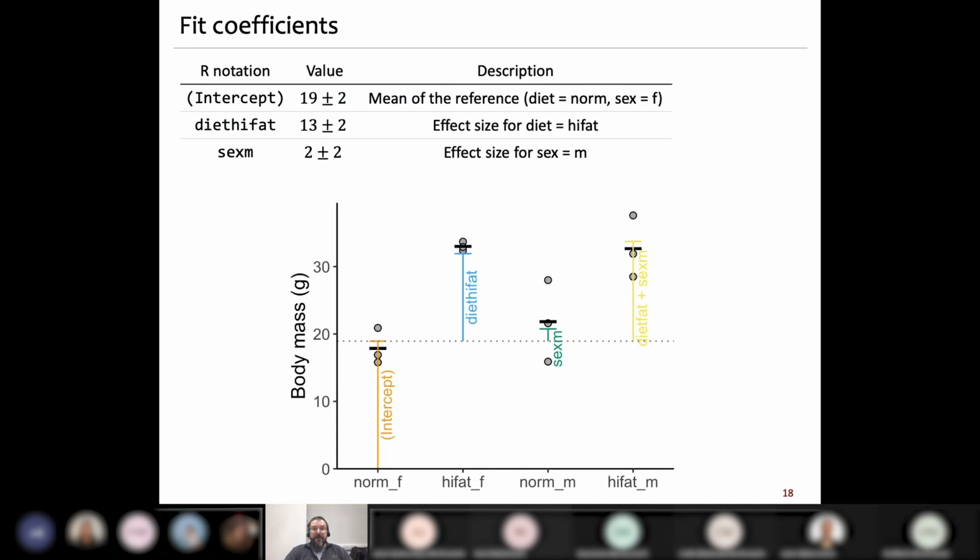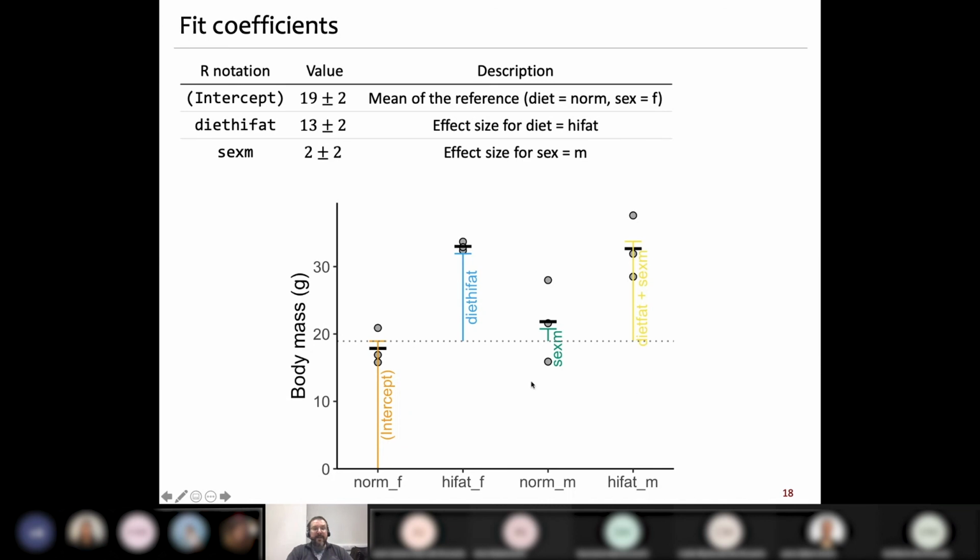You can make a figure showing how the fit coefficients work. We have the reference. Again, it's diet normal and sex female. This is the intercept. And then this is the effect of diet high fat for females. This is the effect of sex male for normal diet. And this is the combined effect of diet high fat and sex male.